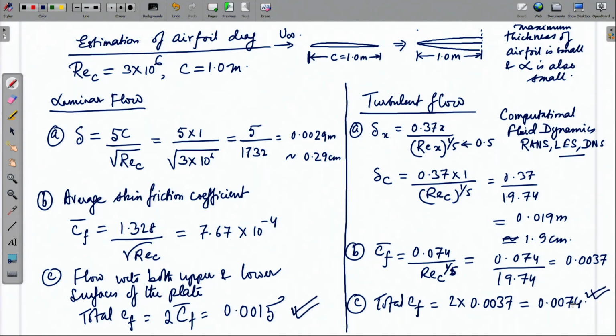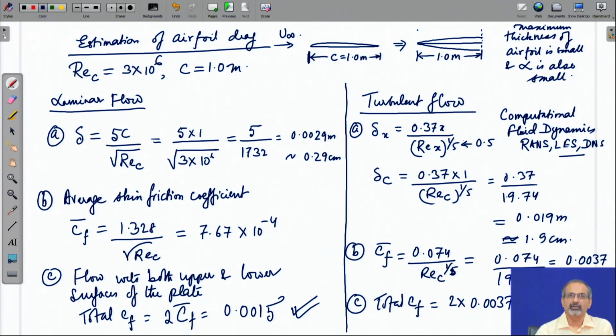So, through this simple calculation we were able to illustrate that the turbulent boundary layer would create much larger skin friction, but then the advantage of having a turbulent boundary layer is also very obvious. The boundary layer will be much more robust in encountering adverse pressure gradient, and therefore, often preferred on configurations where flow separation can deteriorate the lift performance of an airfoil.